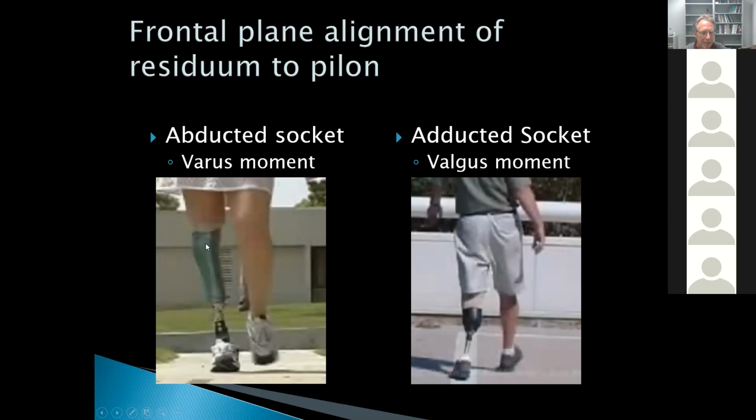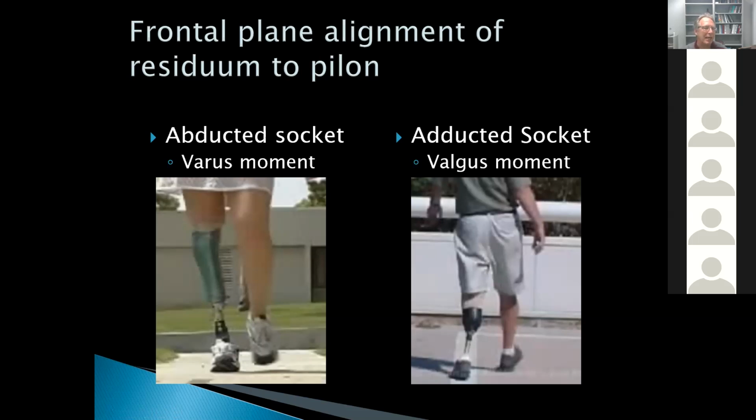And so the reason that this is called an abducted socket is that the socket with the residual limb in it is abducted relative to the pylon. You could have called this an adducted pylon, and you'd be just as correct. However, that's not the language that we use.